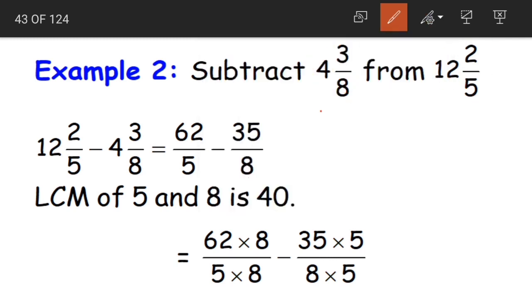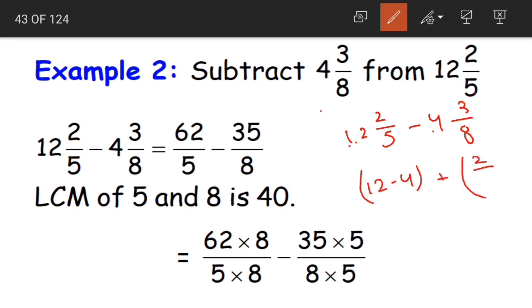So in the same way here let us do this problem in that method. 12 2 by 5 minus 4 3 by 8. First subtract the whole numbers and then add them to our difference of fractions. 12 minus 4, do this separately, and 2 by 5 minus 3 by 8, let us do this separately.